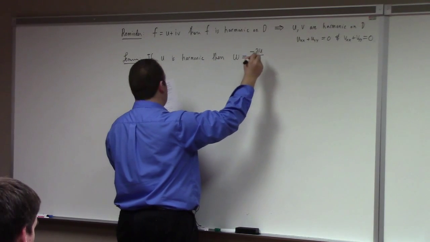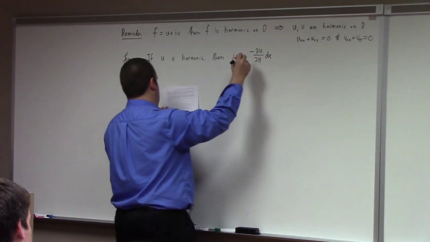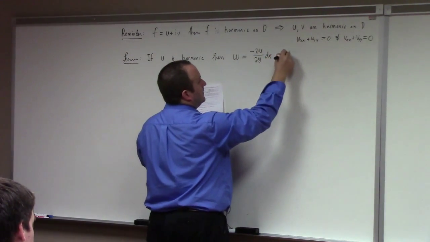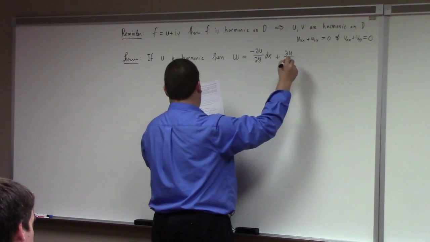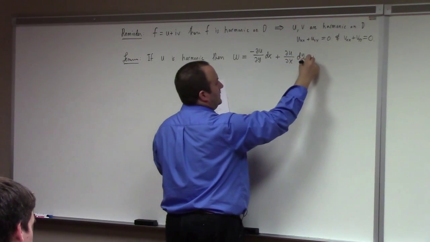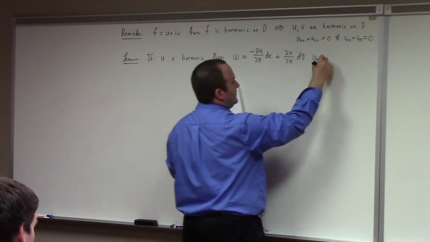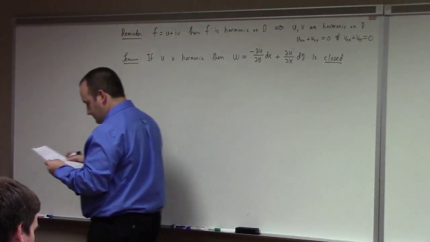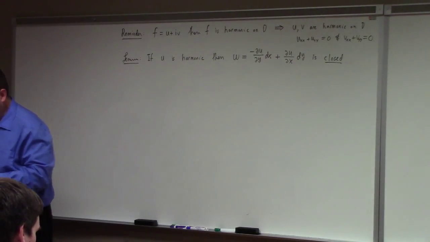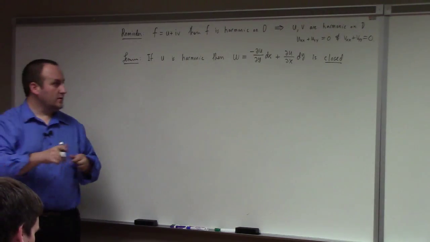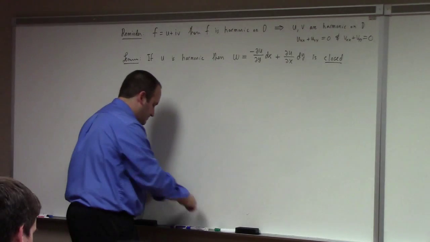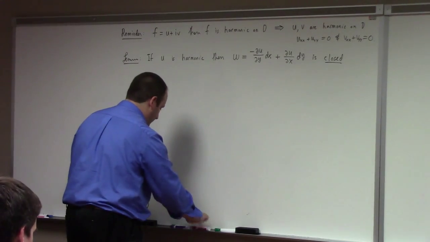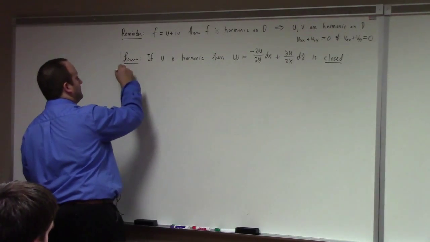So omega equals partial u partial y dx plus partial u partial x dy is, here's the punchline, closed. All right. So that's the claim.